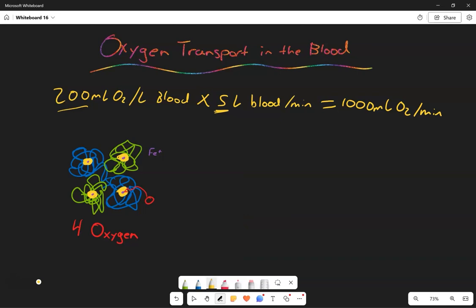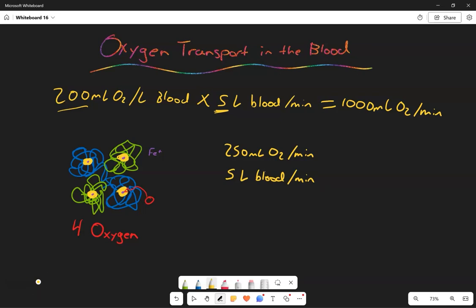Okay, now that's very, very important because let's look at how much oxygen your body tissues use or need. Let's say that your tissues use about 250 milliliters of oxygen per minute. And let's assume that your cardiac output is 5 liters of blood per minute.